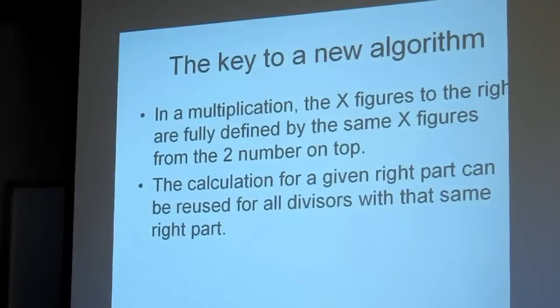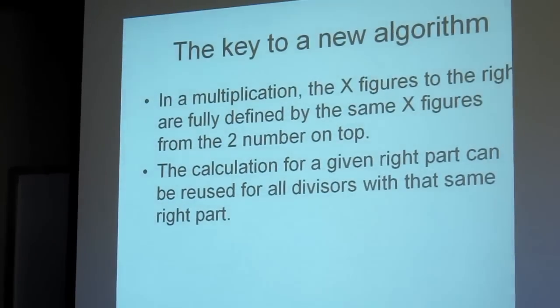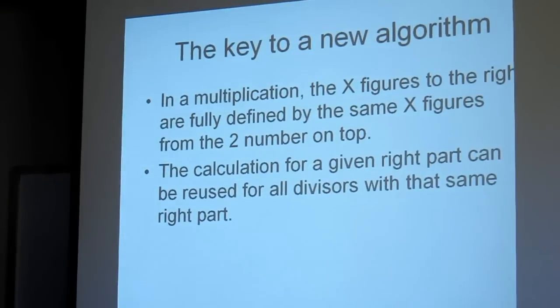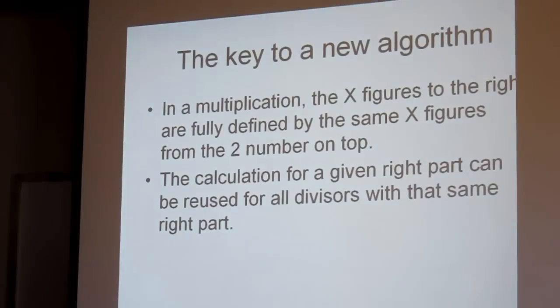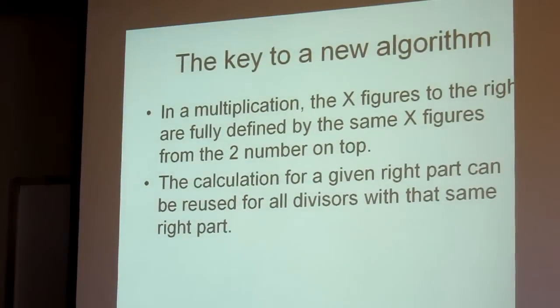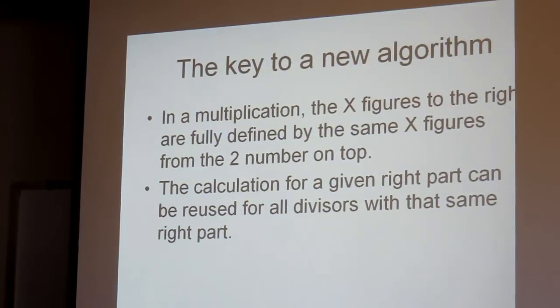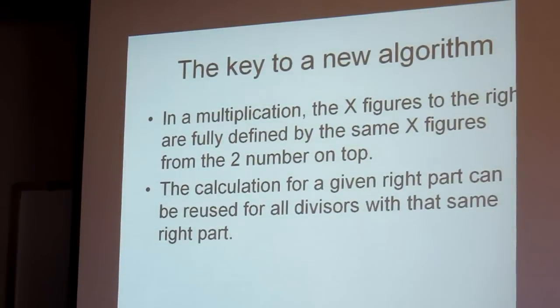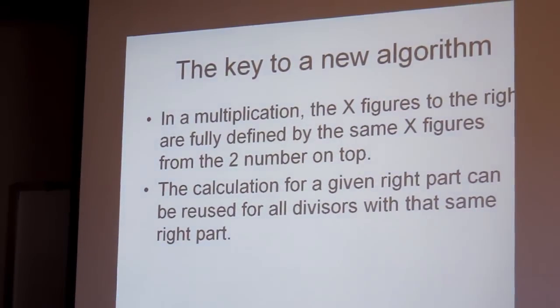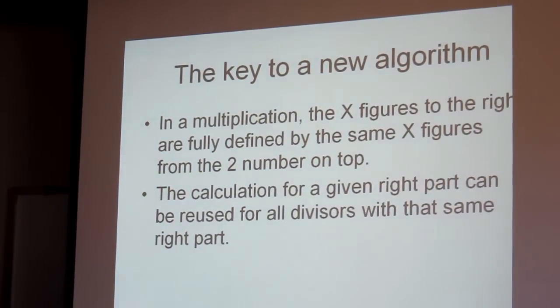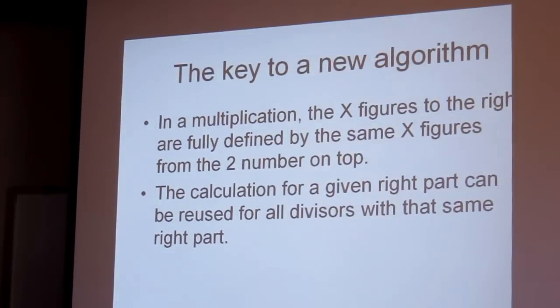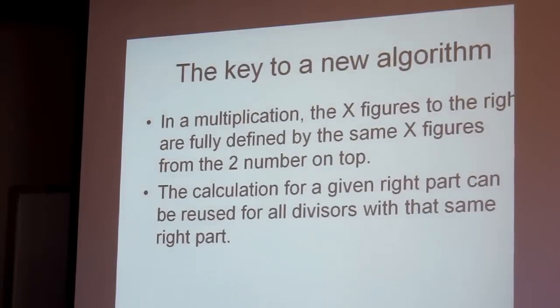In a multiplication, the x figures to the right of a number are fully defined by the same x figures from the two numbers on the top of the multiplication. The calculation for a given right part can be reused for all divisors with that same part on the right.